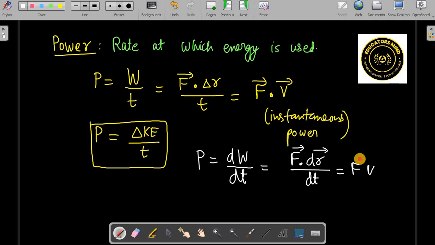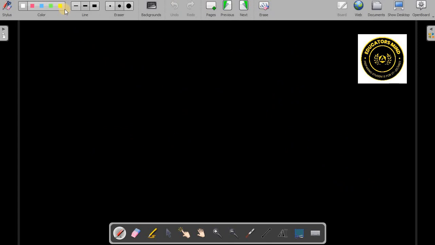So it's the dot product of force and velocity. This is instantaneous power. Average means total work done over the total interval of time, which we can also write, but generally it is instantaneous. Force dot velocity.